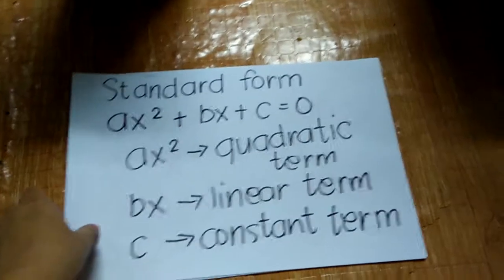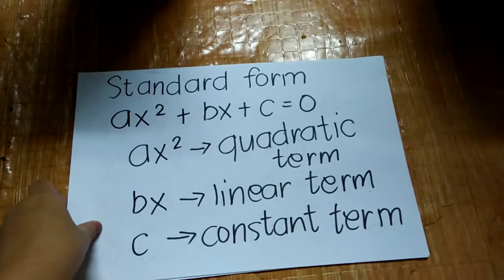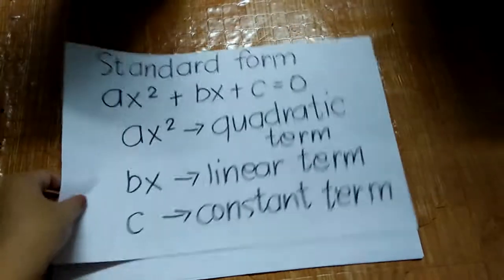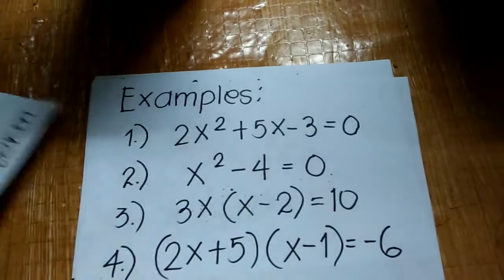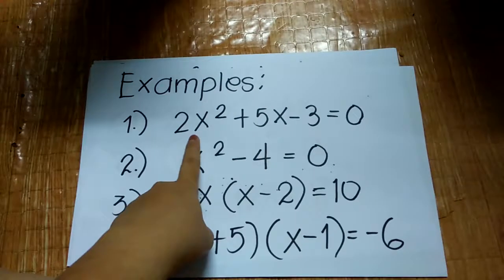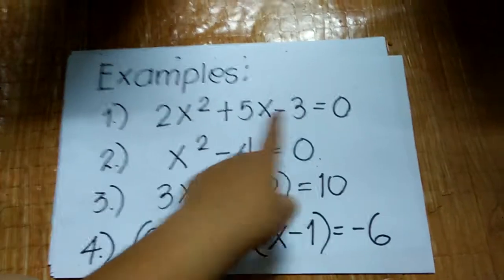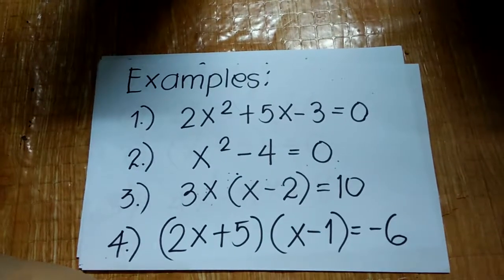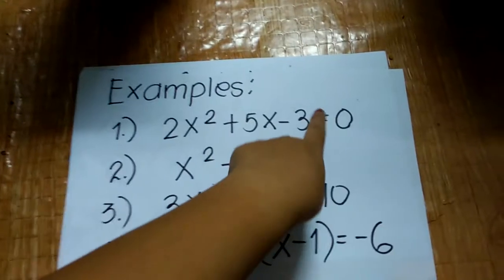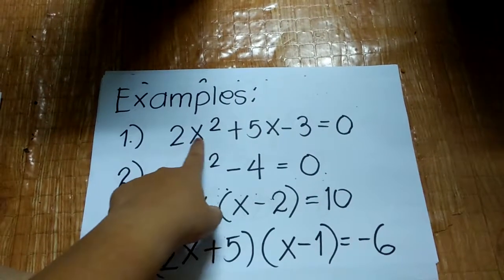So, ano-ano nga ba yung mga examples ng quadratic equation? Paano ba natin masasabi na ang equation natin ay quadratic? So, I have here some examples. Ayan. So, we have the first example. The first example is 2x squared plus 5x minus 3 is equals to 0. Okay? Again, it is an equation. May equal sign. And ano yung highest exponent or highest degree natin?